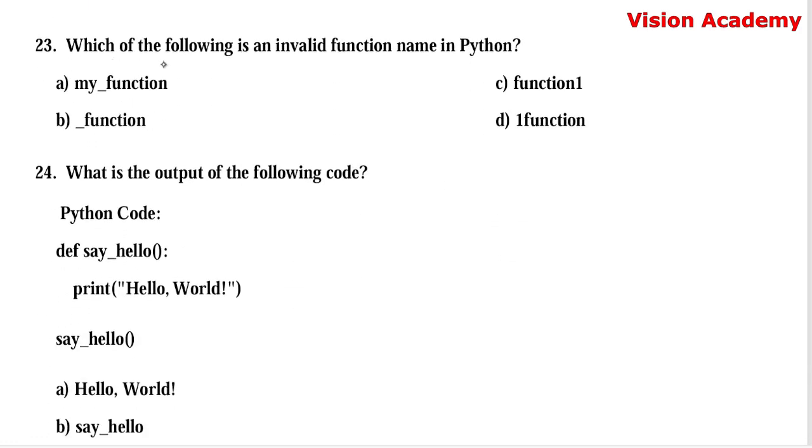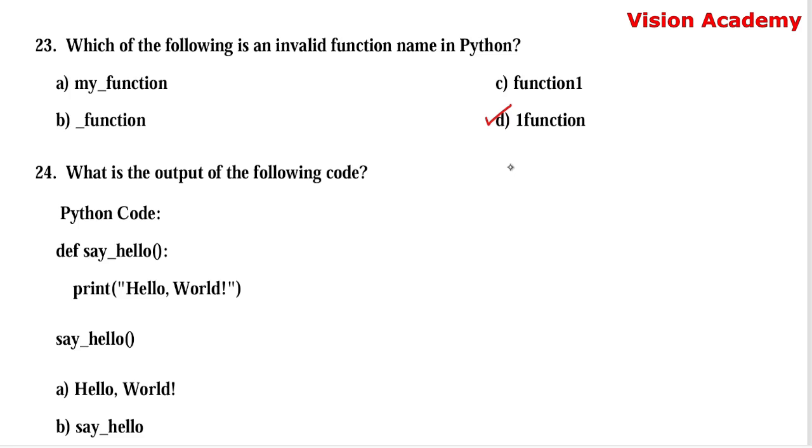Question number 23. Which of the following is an invalid function name in Python? Option A, my function. B, underscore function. C, function 1. D, 1 function. Here, option D, 1 function is invalid because it is not going to follow all the rules for declaring identifier name.